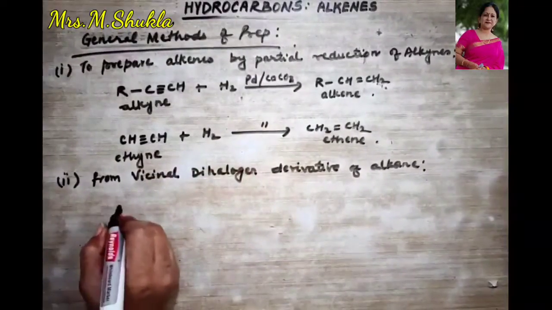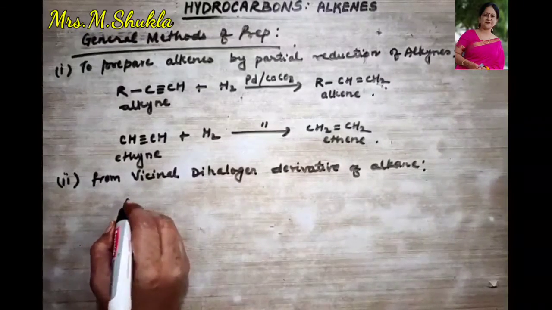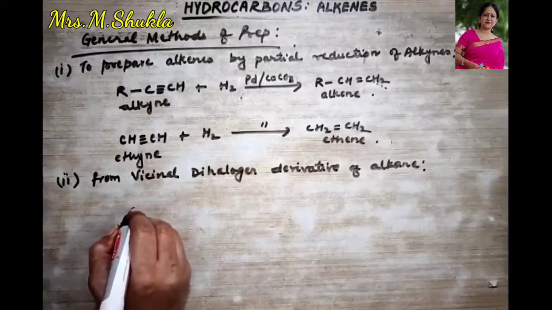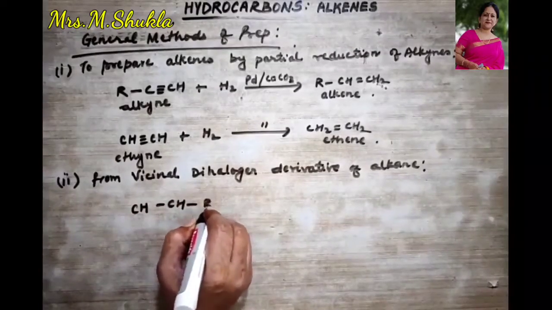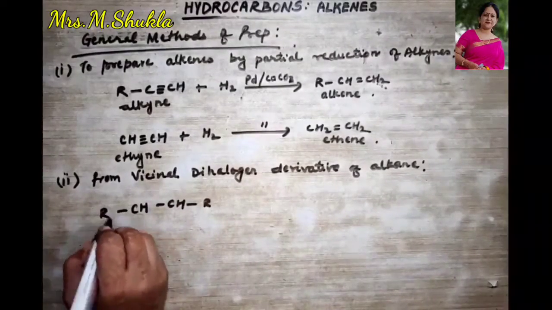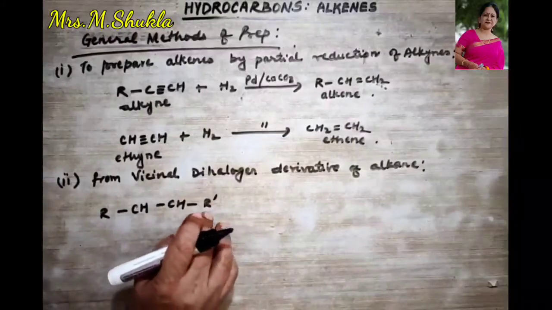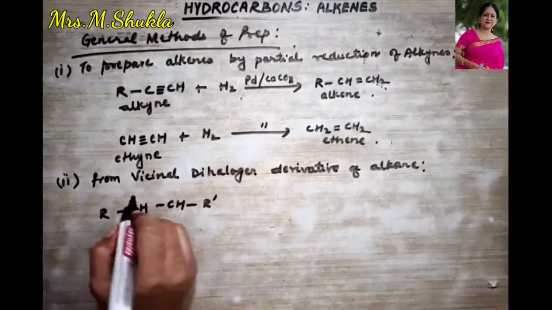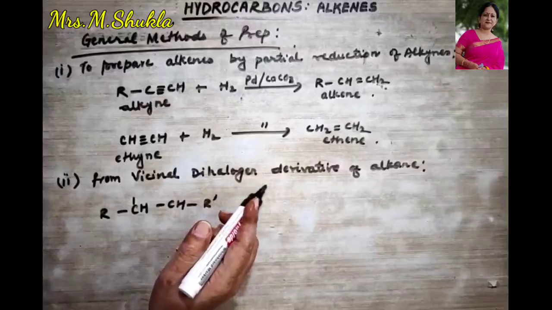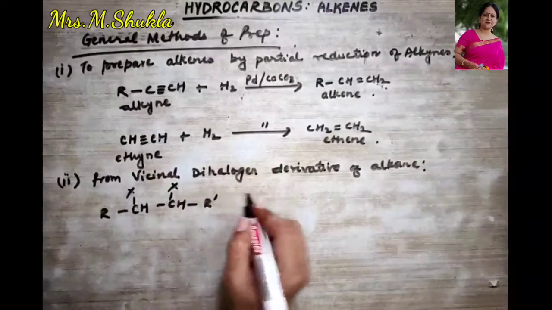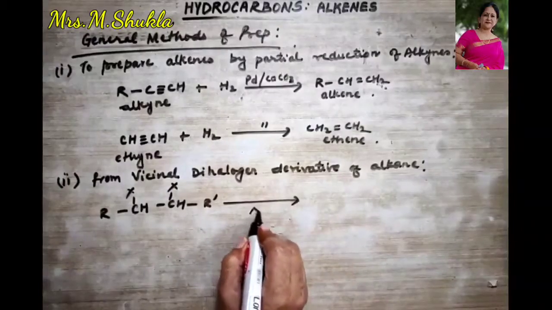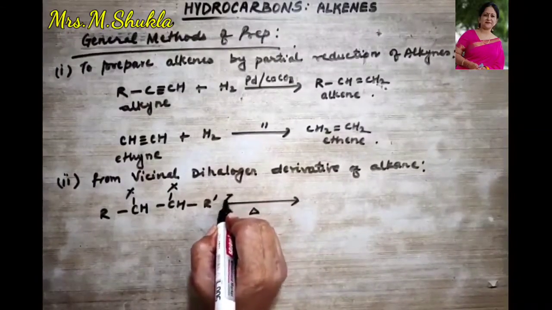So let us look at the general reaction first. If I take this, and this is a different substituent and this is a different substituent, and it is a halogen. So let me take a halogen over here, and they are heated with what?